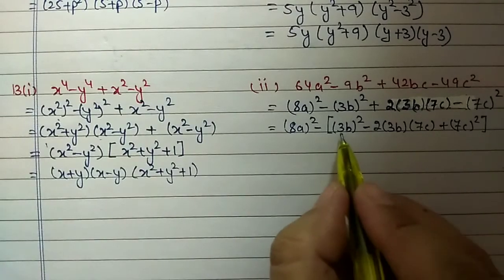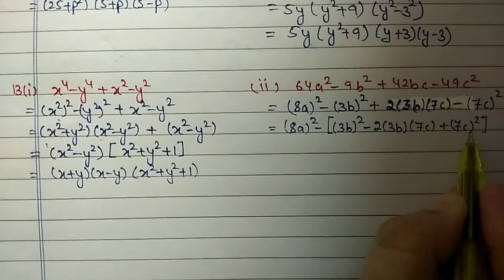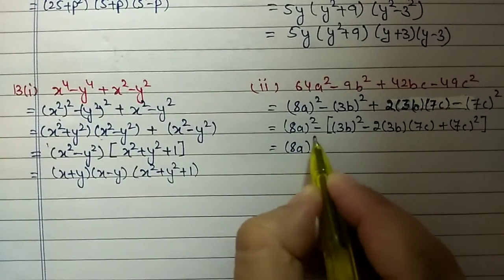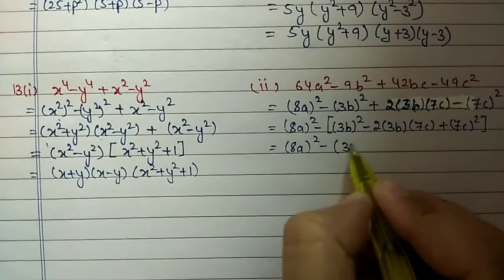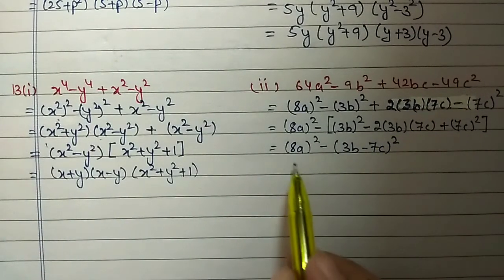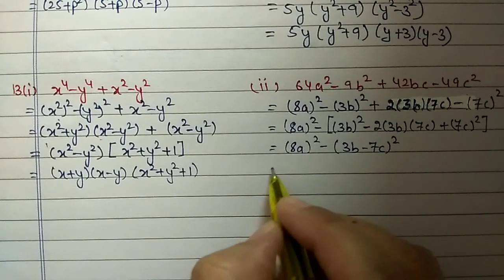Now you can see a square minus 2ab plus b square, so we can write it as a minus b whole square. We can write it as 3b minus 7c whole square. We can see now a square minus b square, a plus b, a minus b.